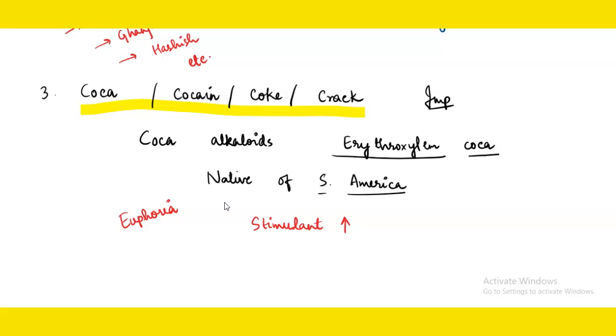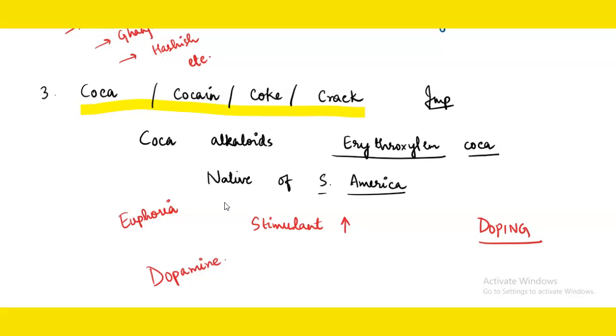Sports people are being checked for coca in their blood, and if it is found in their blood, they are being charged for doping because it is a crime. Okay, and this affects the activity of a neurotransmitter in our body, which is known as dopamine.